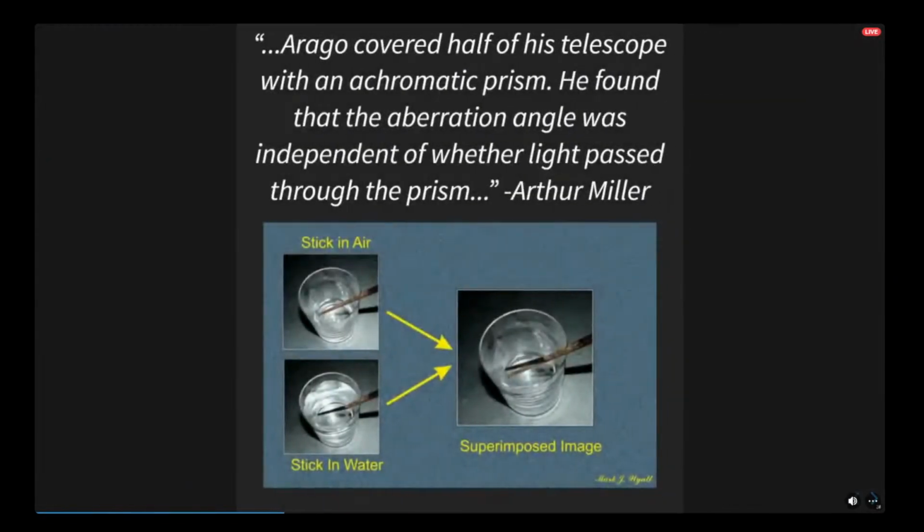So he was trying to observe that based on Earth's motion, and that was also unnecessary. It produced no result. So he's quoted here: Arago half covered his telescope with an achromatic prism. He found that the aberration of light angle was independent of whether the light passed through the prism or not. So what that means is it didn't matter. The cause and effect relationship that he was trying to establish there wasn't substantiated.